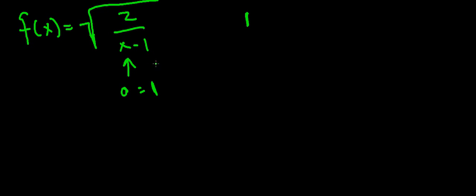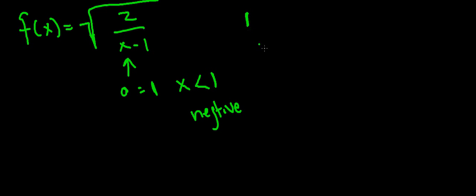So we can't have that. If we put in 0.5 for x, then we'd have negative 0.5, and 2 divided by that would be minus 4. So our answer for the negative is, if x is less than 1, then it'll be negative.